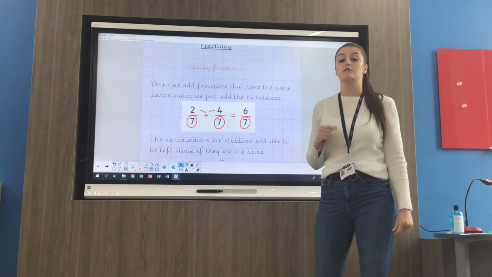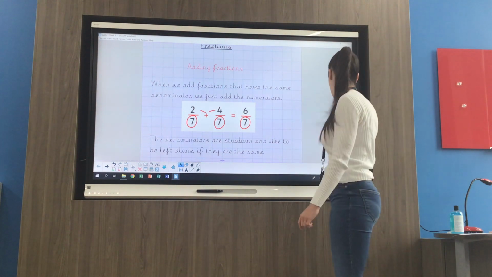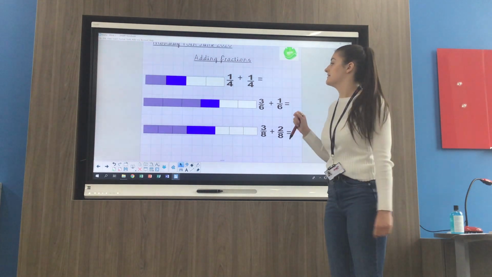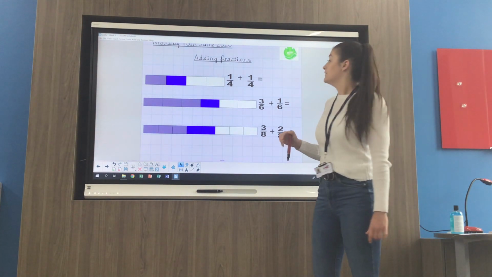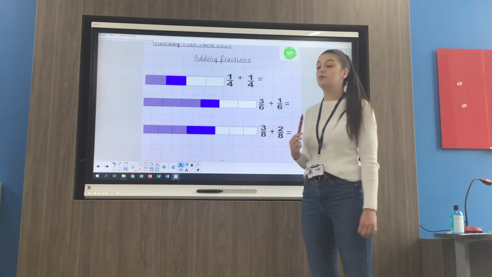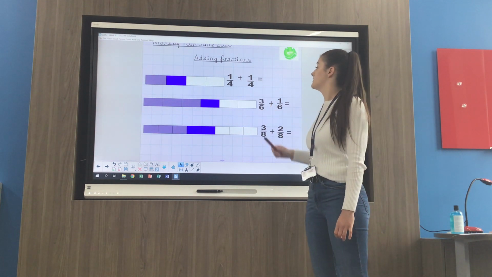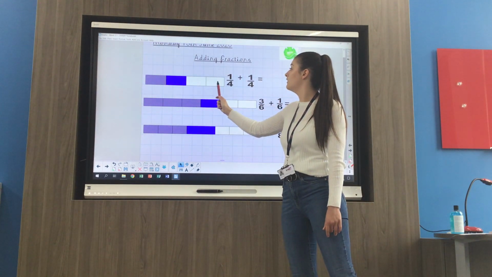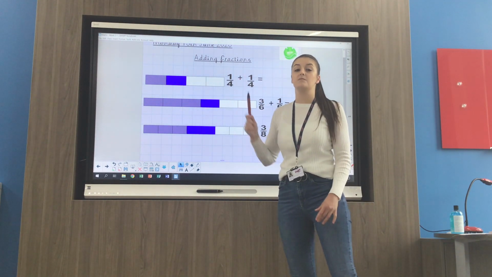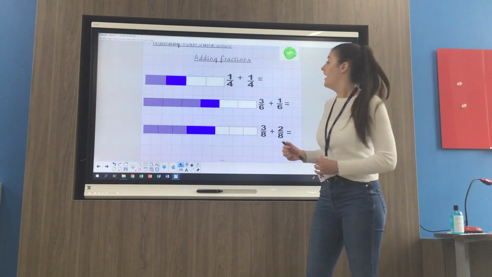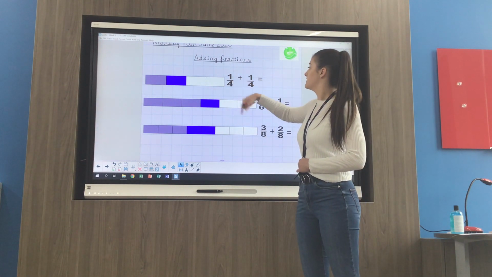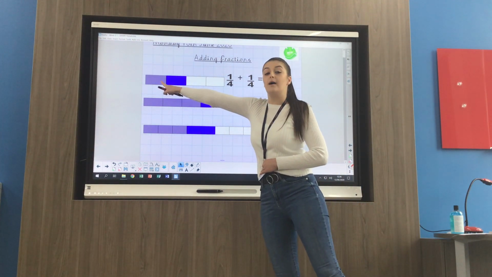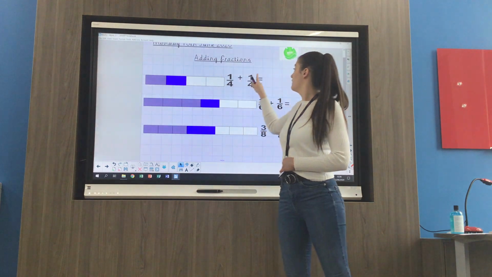So let's have a little look at some of the activities you could be doing today. So you'll have some bar models that look like this and they're there to help you. So the first question you have is 1/4 add 1/4. So I should have 4 equal parts here, 1, 2, 3, 4, because that's what my denominator is. It tells me how many equal parts there are. And then I'm adding 1/4 add 1/4. So I've got a shaded quarter there, that's 1 part, add another 1/4.